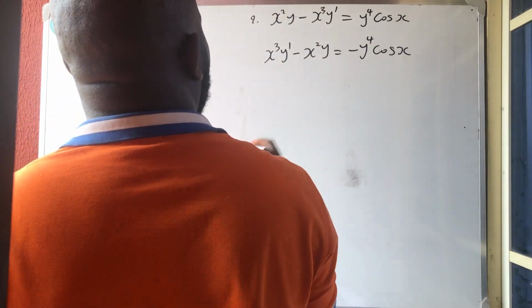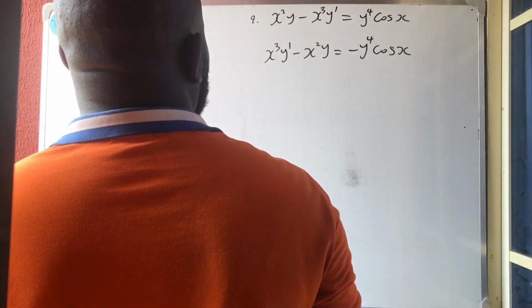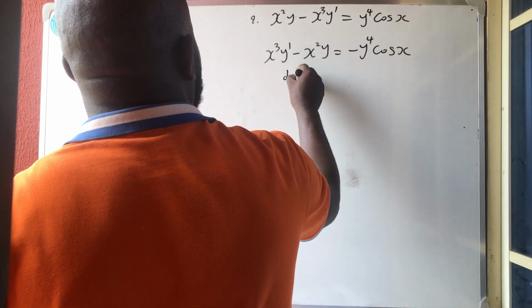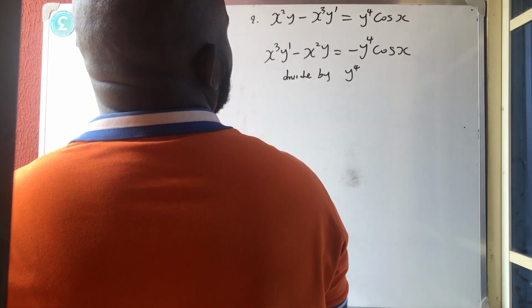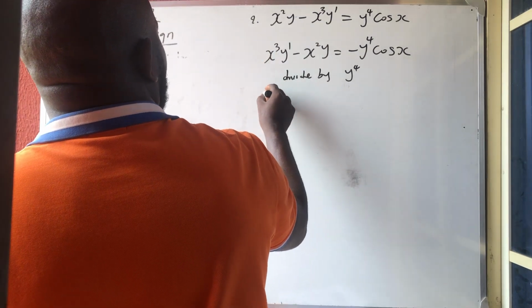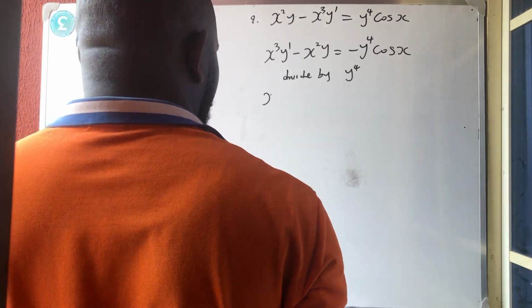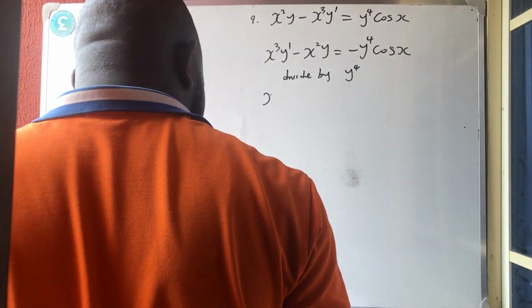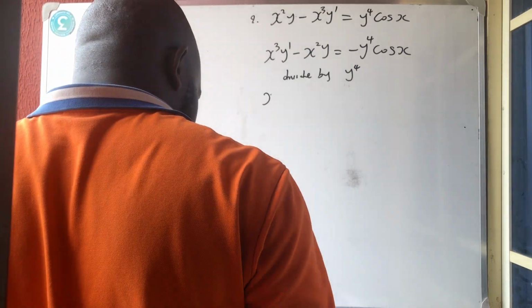So let's divide through by y raised to power 4. Before you divide by y raised to power 4, the coefficient of y prime is supposed to be 1.